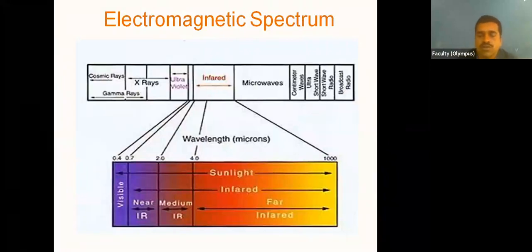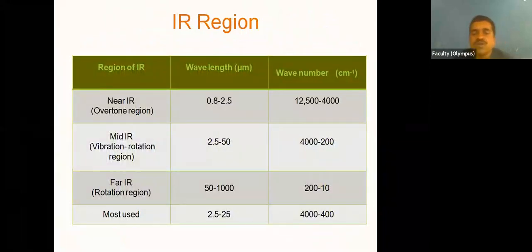What is the wavelength range of infrared radiations? It is from 0.8 micrometer to 1000 micrometer. This wavelength range, 0.8 micrometer to 1000 micrometer, is called infrared radiations.